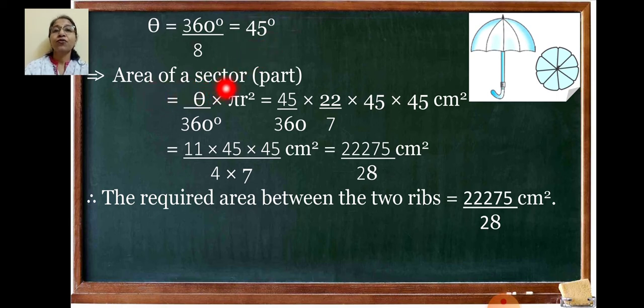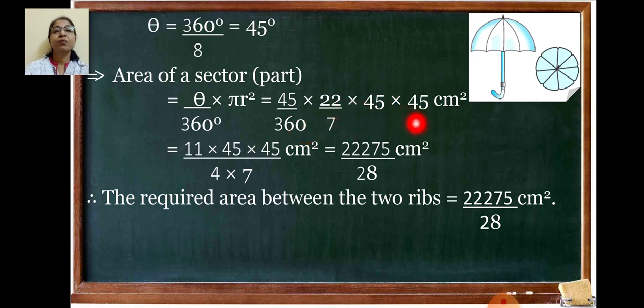Now the area between two consecutive ribs is sector in shape. So the area of a sector, or one part, is equal to theta divided by 360 into pi r square. Theta is 45 degree divided by 360 into 22 upon 7 into radius, 45 into 45. So 45 into 8 is 360.